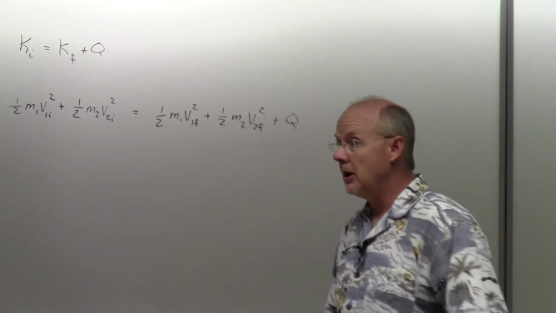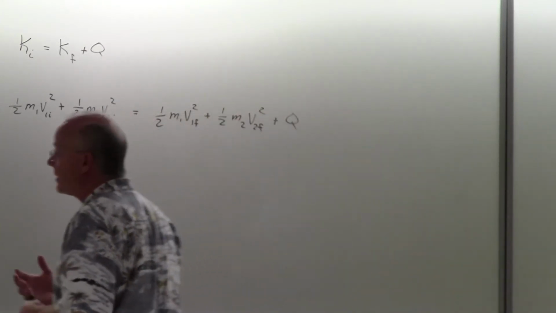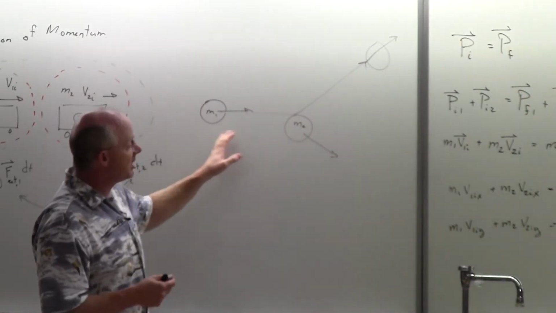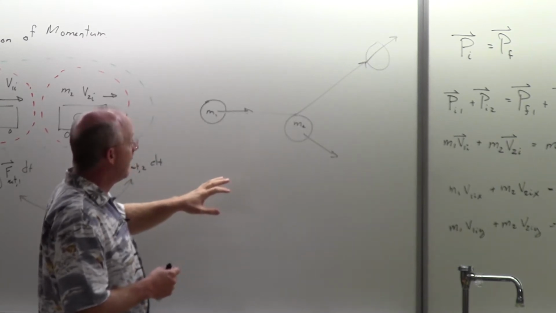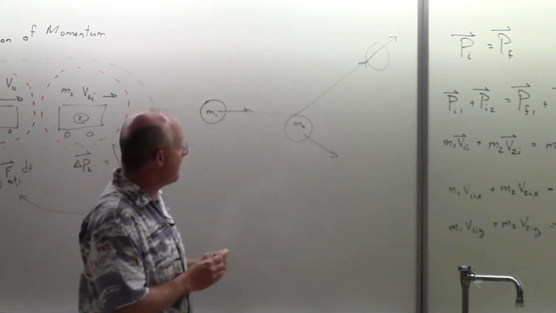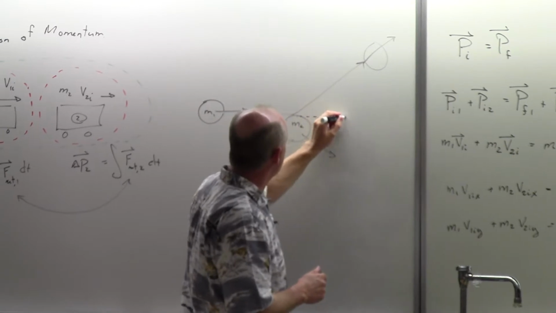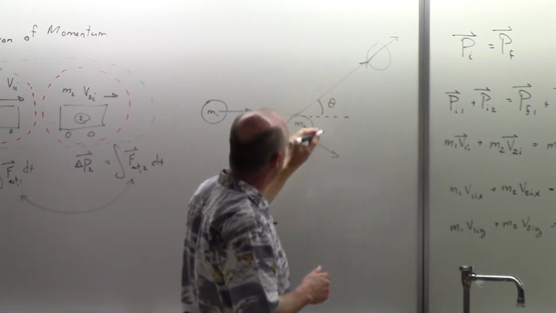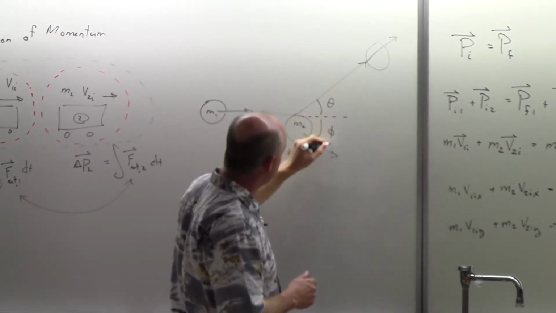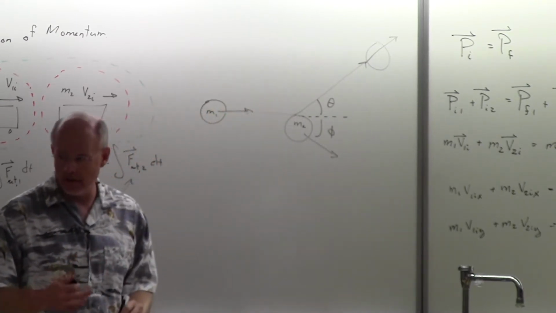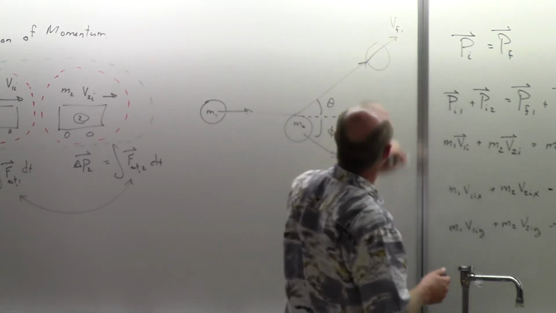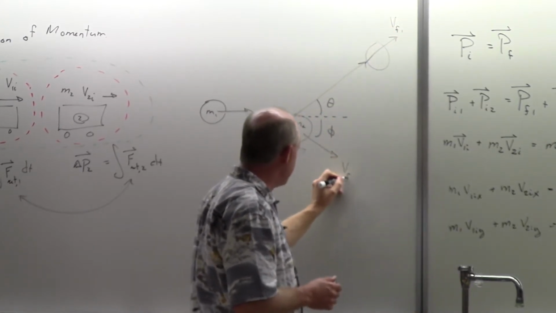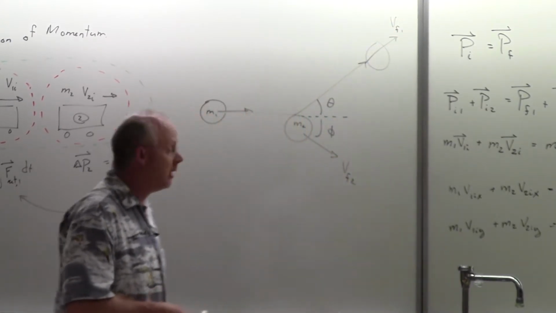And so a problem could start off something like this and say, here are the initial velocities, here is the mass, it hits it, and maybe they tell you the angle of this one, but not the angle of that one. So I'll call one theta, one phi. And then we would have some final speed for number one and some final speed for number two.